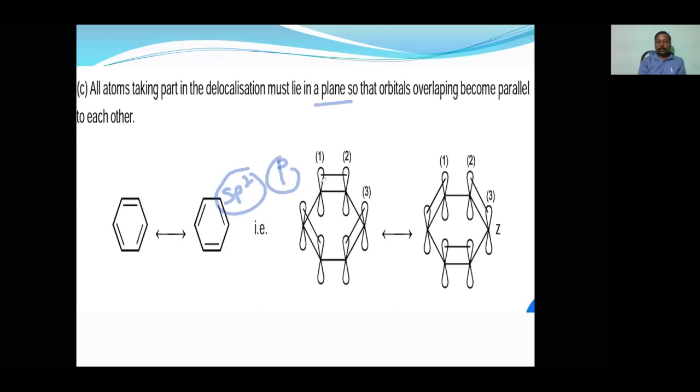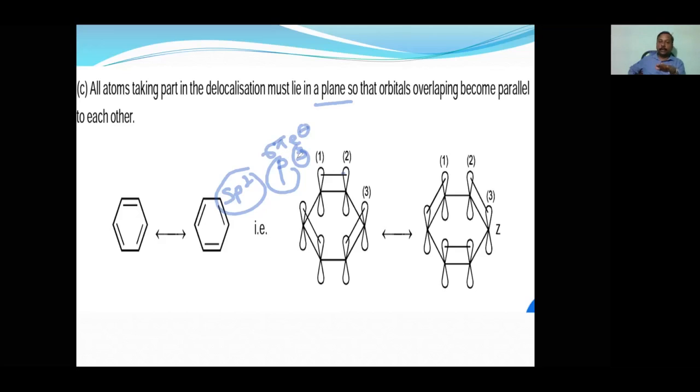Suppose there are 3 pi bonds like this, there will be 6 pi electrons. Each of the 3 bonds will require 2 electrons.